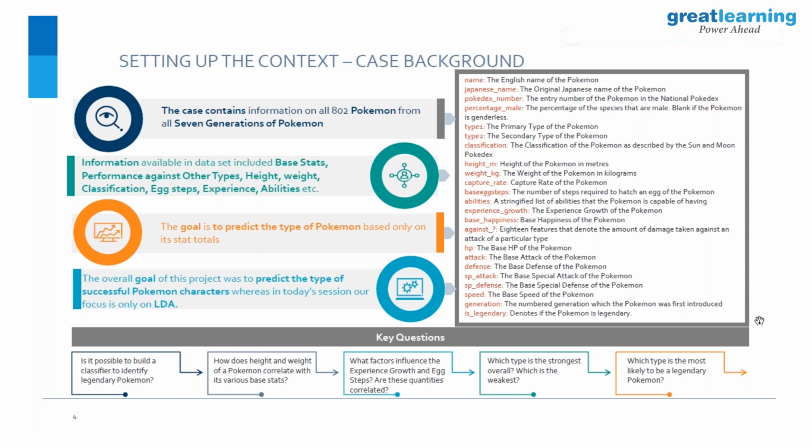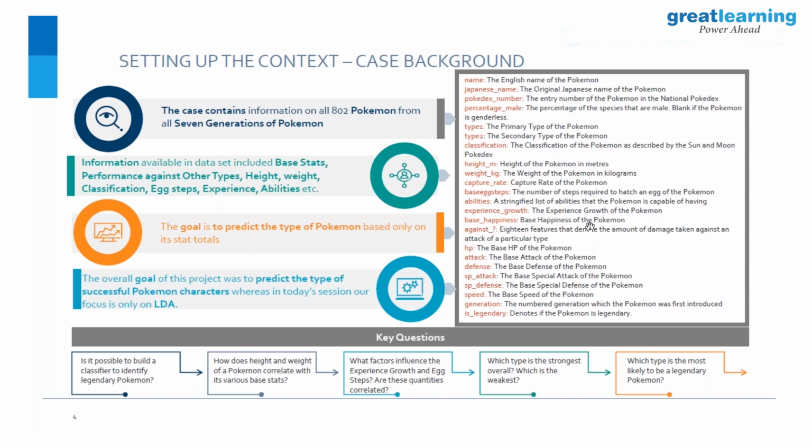Now, as I'm going to go ahead, I'm going to take you on to the data as well. But before we jump onto that, I just want you to get familiar with certain important data components which were there in our data set. So simple names like the English name of the Pokemon, the Japanese name, the Pokedex number, which was kind of the index given based on the number they were entering into, percentage of male as a percent of the total, because there were genderless Pokemon as well.